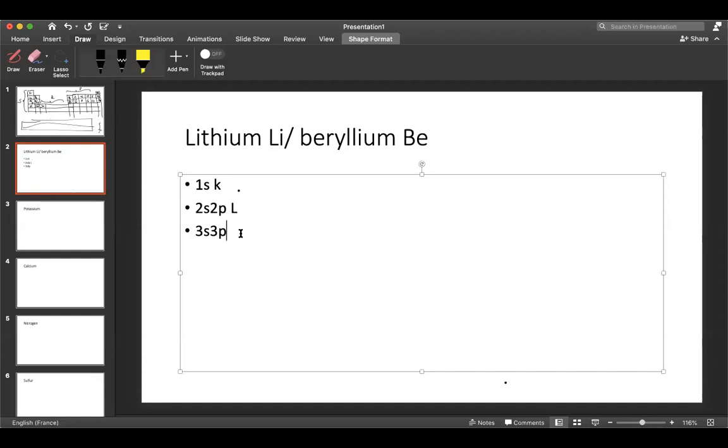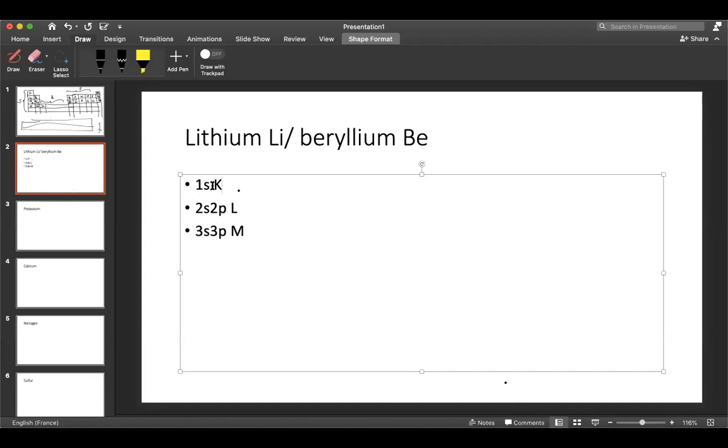So the first energy level is called K, the second is called L, and the third is called M. Now, the order in which we are going to use the Klechkowski rule, the building-up rule, for constructing our electron configurations, we are going to use this principle.